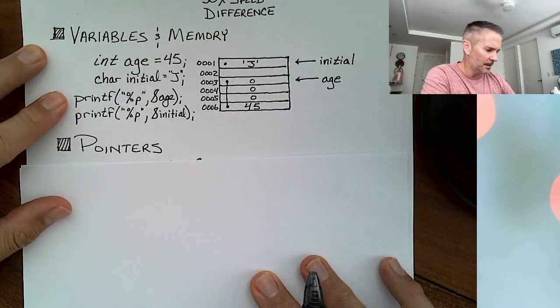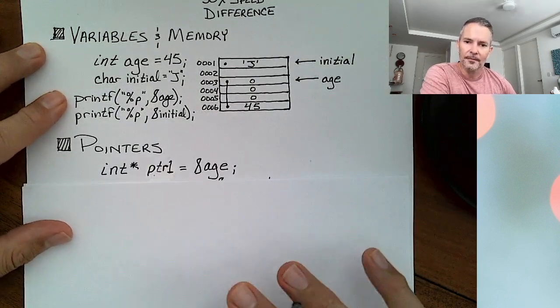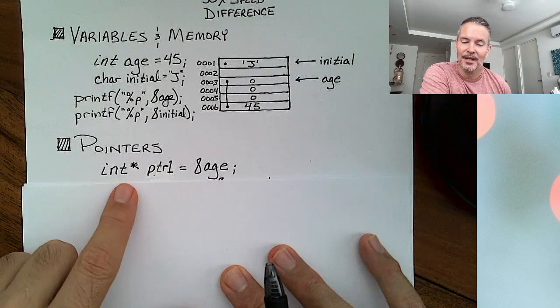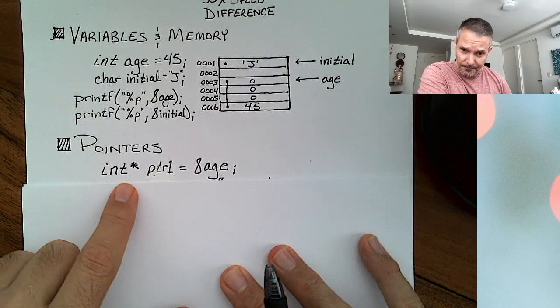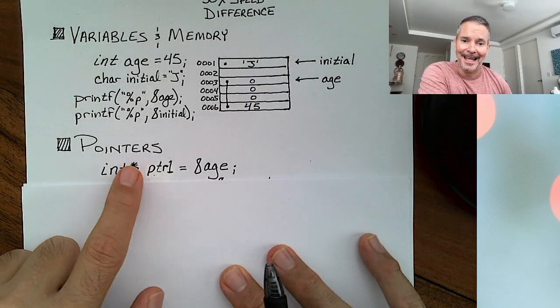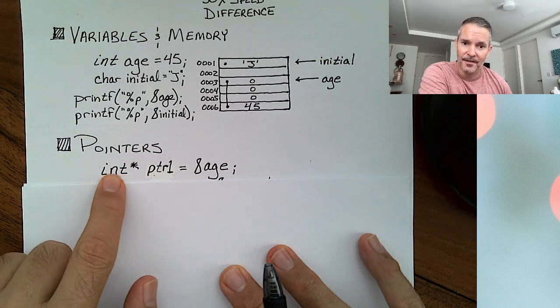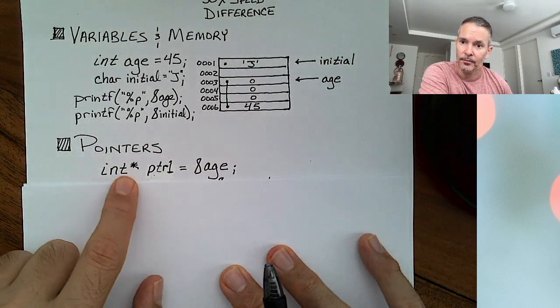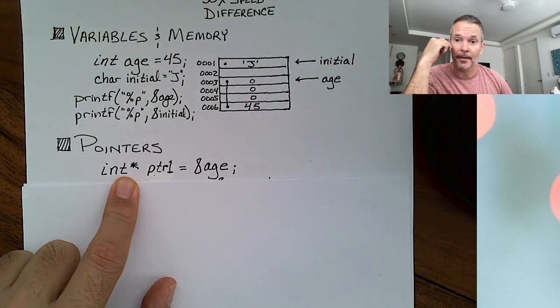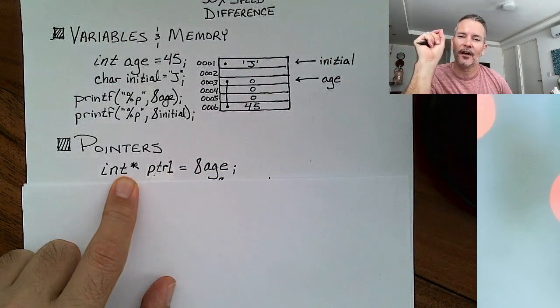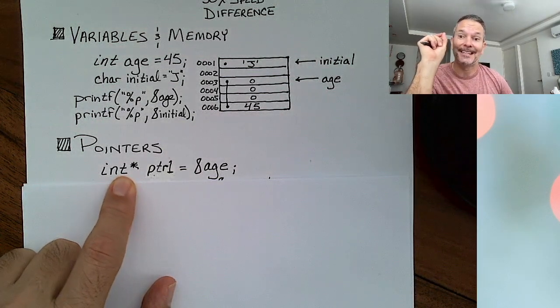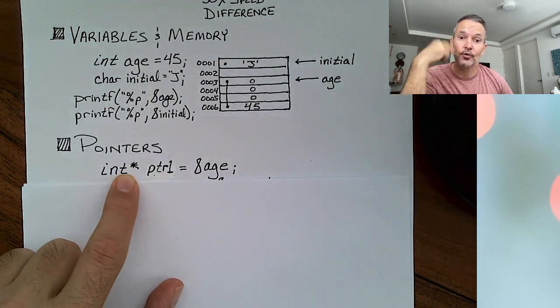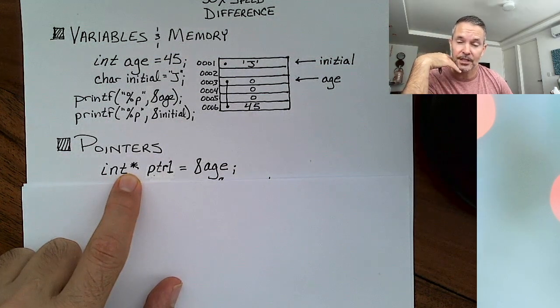What is a pointer? A pointer is a type of variable. Whenever I put an asterisk after the type name of a variable, I'm telling the compiler, I want to define a variable that is a pointer to an integer. A pointer to an integer.